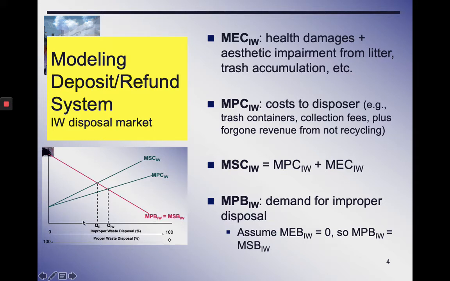If you look here, 0 to 100, this is the improper waste disposal. You dispose your waste in improper method, or this could be illegal dumping, or illegal waste disposal method, moving upward to 100%.